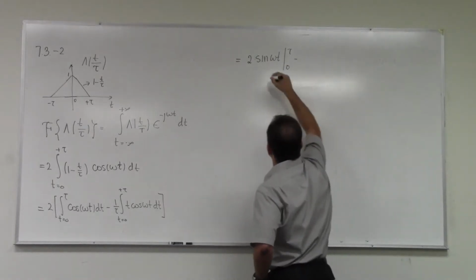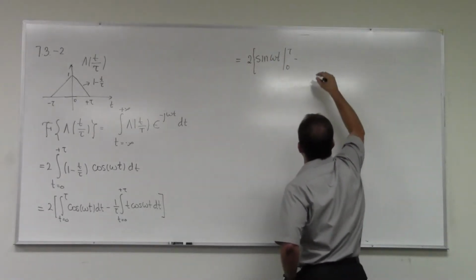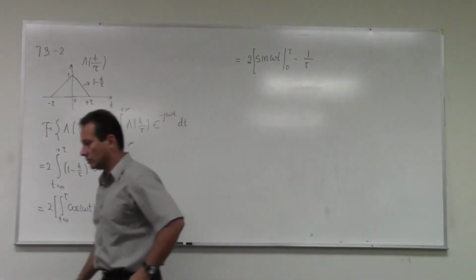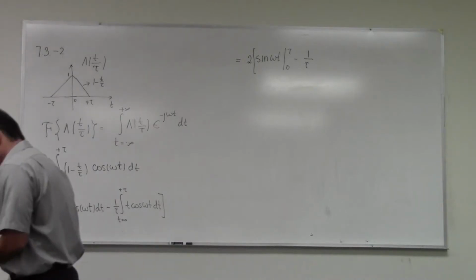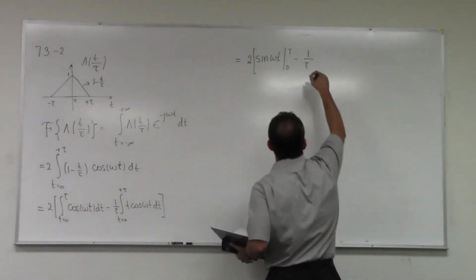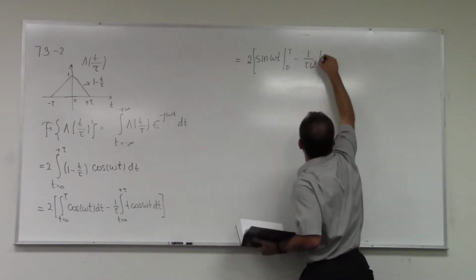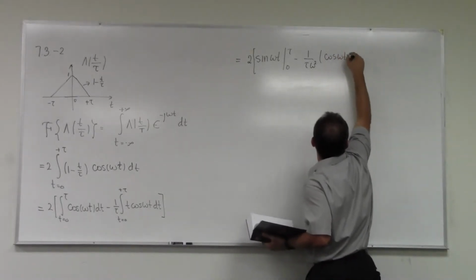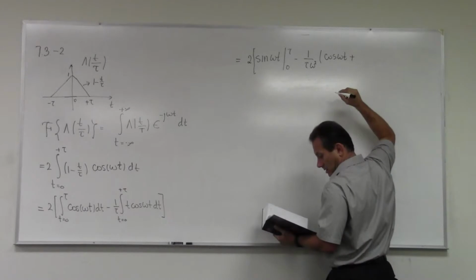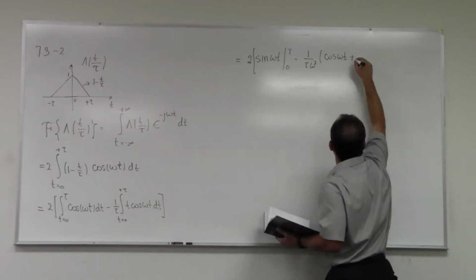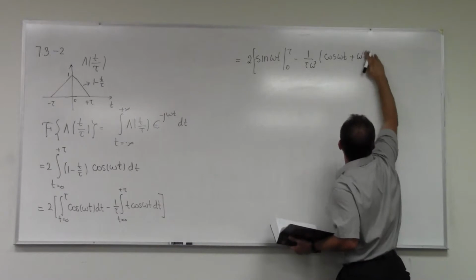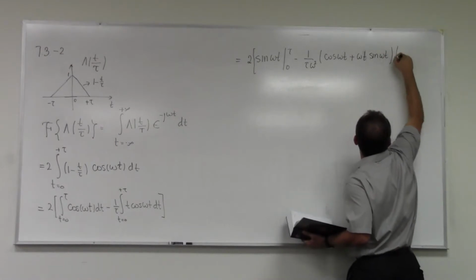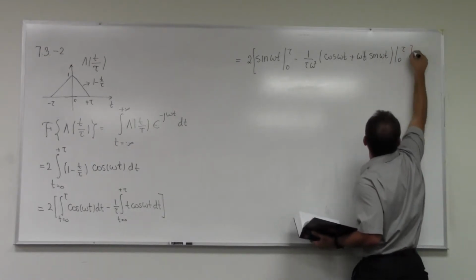The second one is a table integral here, which is given as 1 over tau, and then if we go to page 50 of your book, you have here omega squared, then we have cosine omega t, and then plus omega t sine omega t evaluated from 0 to tau. Right?